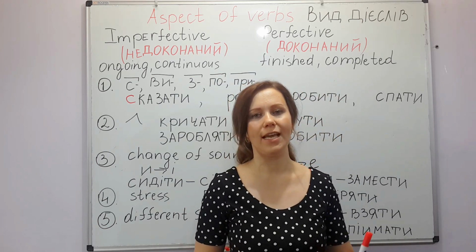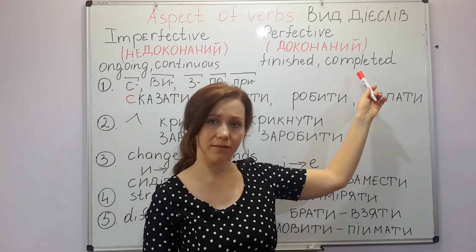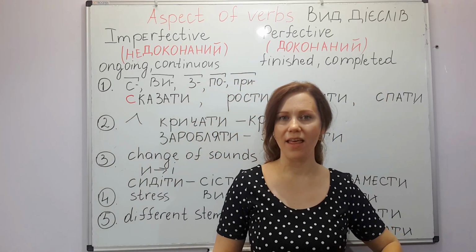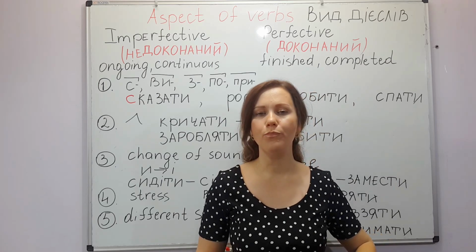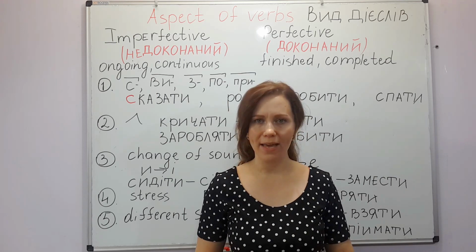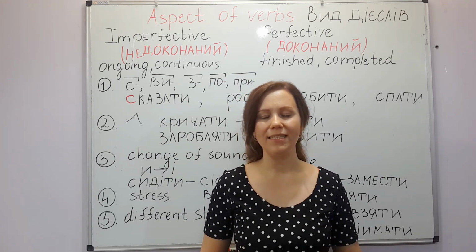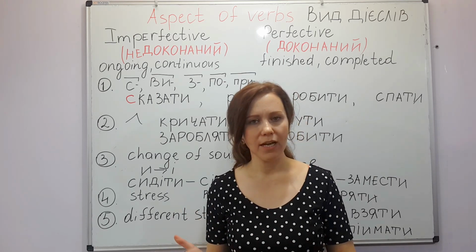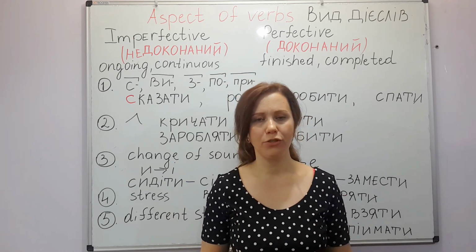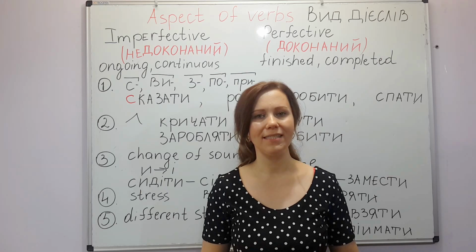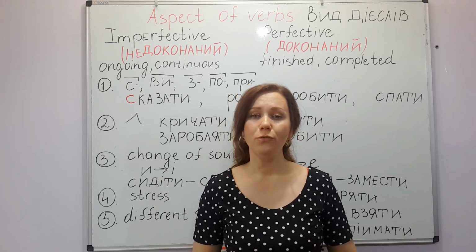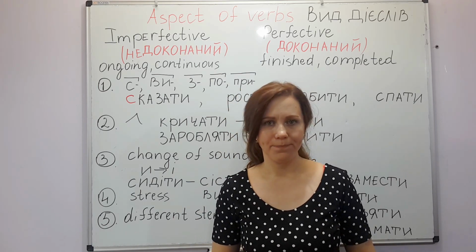If you want to say that he finished the book, then you say he has read the book. Він прочитав книгу. So, to be able to tell that something was happening or that something has happened, you need to know about these aspects of verbs.